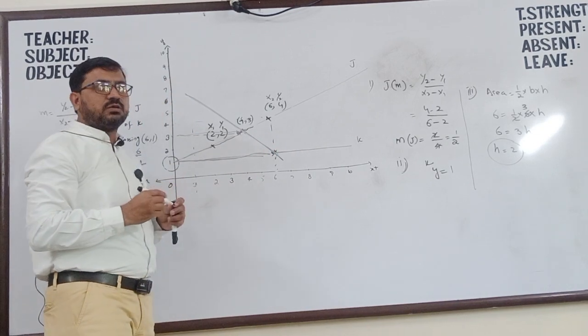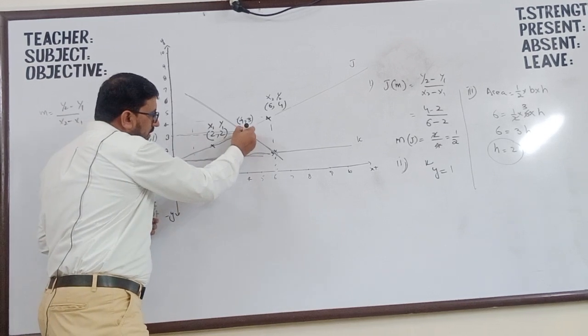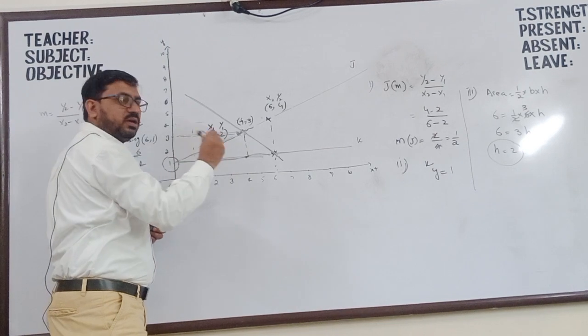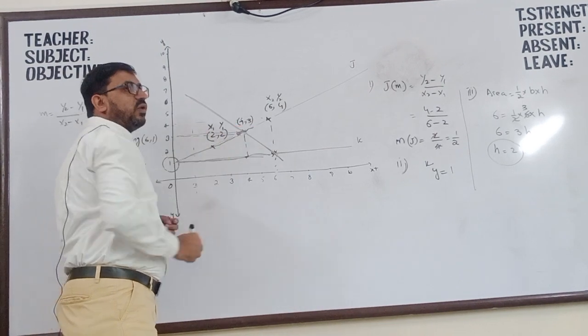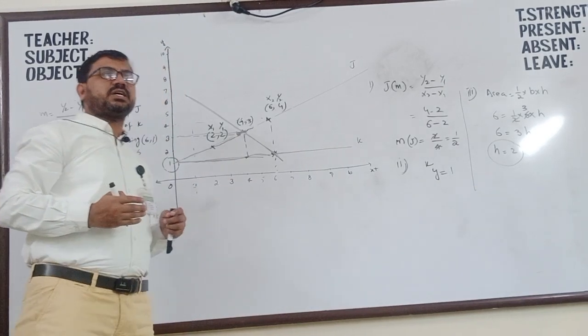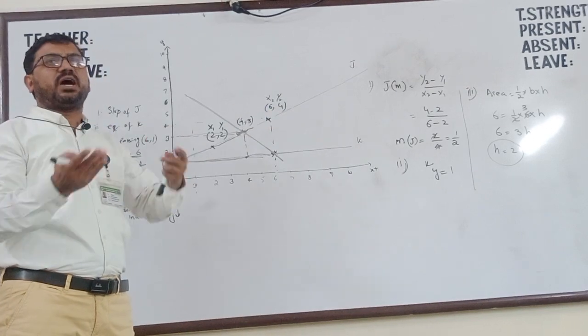Now if I observe the height of this triangle, look at this point: the value of y is 1, and at this point the value of y is 3. So 3 minus 1, what is the height? 2. So that calculation confirms the height of the triangle.